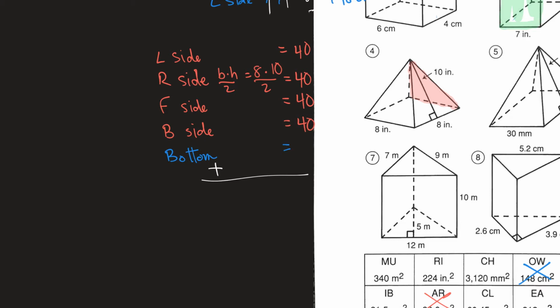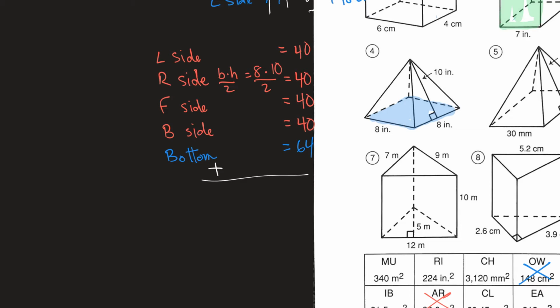And the bottom, let me erase this here. The bottom in blue is this right here, and that is a square. So to take the area of a square, it's just 8 times 8, which is 64. And I'll add these up.